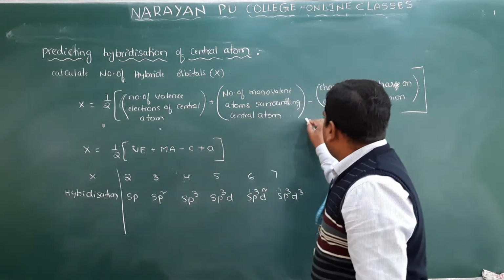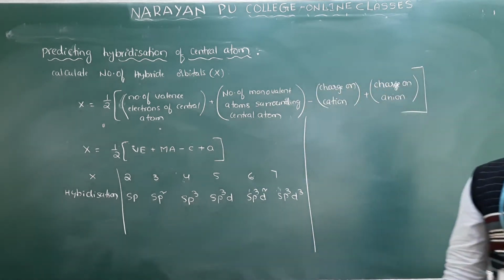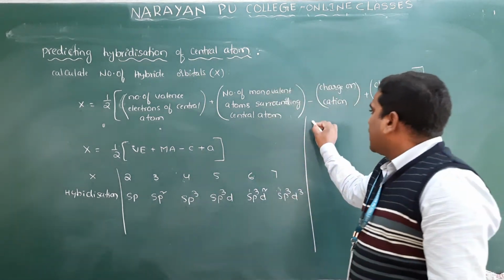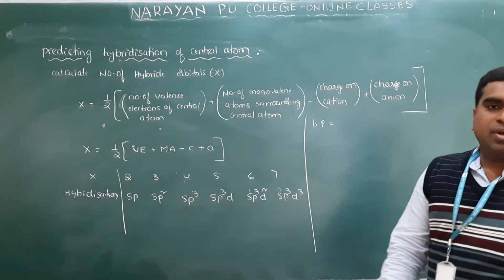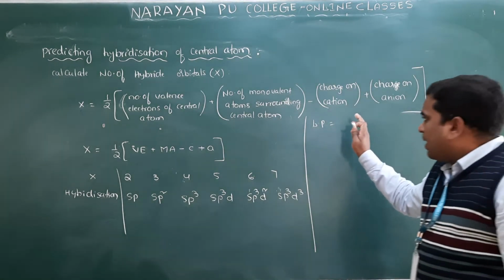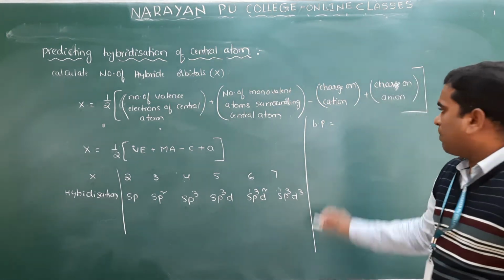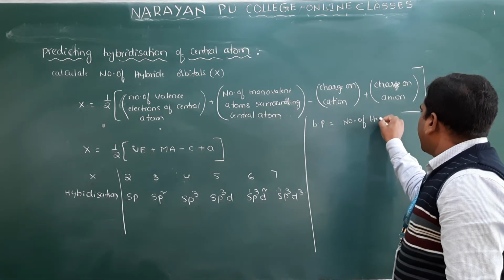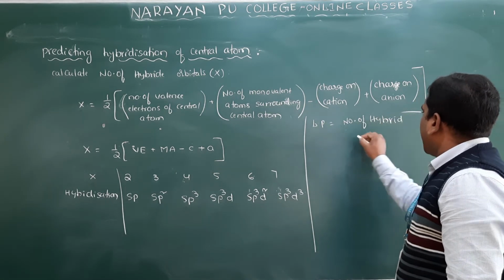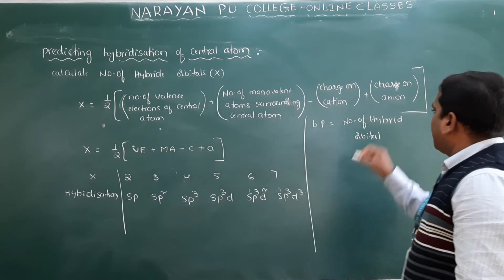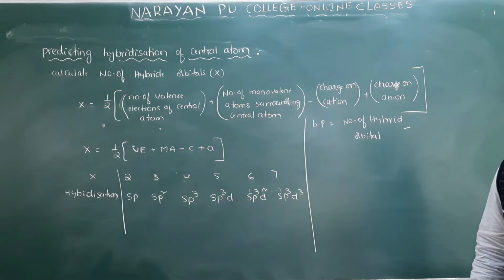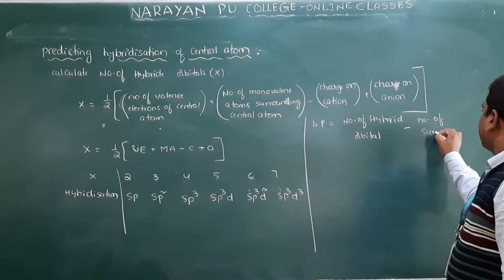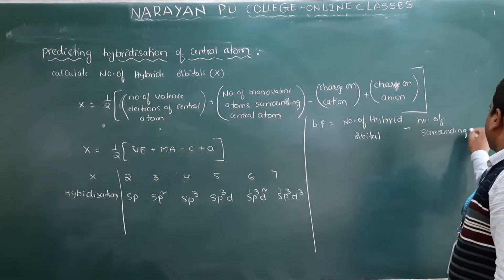Clear? And here we can also calculate the number of lone pairs by using this formula. Lone pair is equal to the number of hybrid orbitals X minus the number of surrounding atoms.